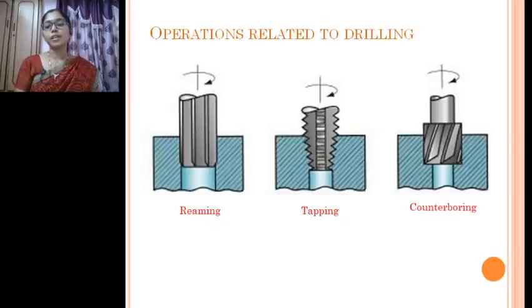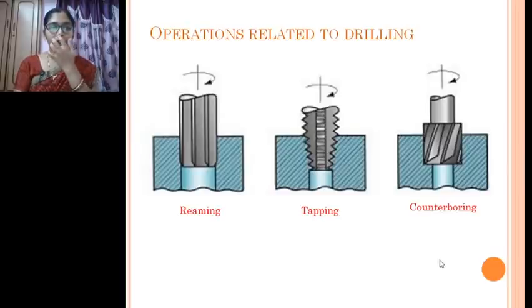If you see the other operation, like in the last session, we have seen the boring operation. A boring operation is also meant for producing or enlarging a hole. Now, what is the difference between a reaming operation and a boring operation? Reaming uses a multi-point cutting edge.